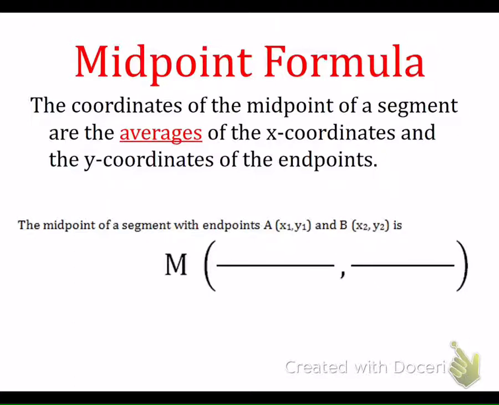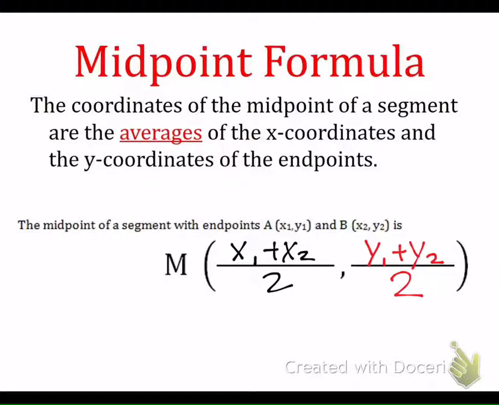The way we find the average of two things is you add those two things together and divide by 2. So here we're going to add the x's, the first x and the second x, and divide by 2. That's the x value of our midpoint. We're also going to add the y's, y1 plus y2, and divide that by 2. That'll give us the average of the y values.